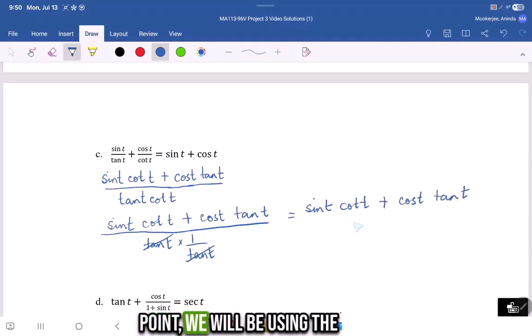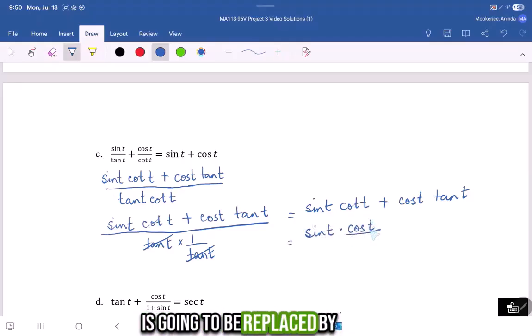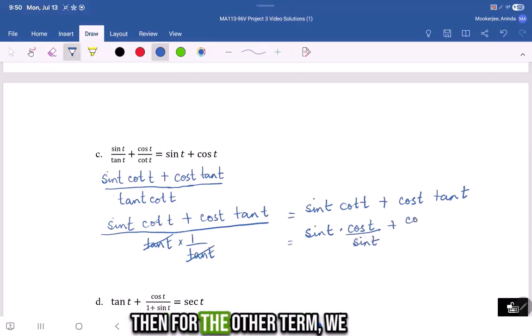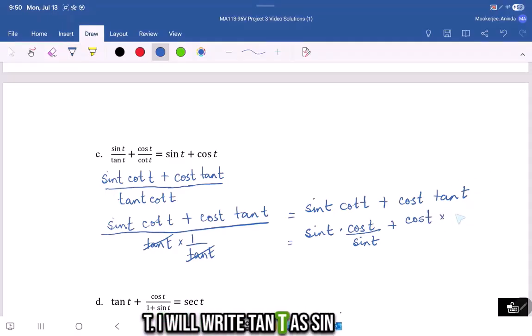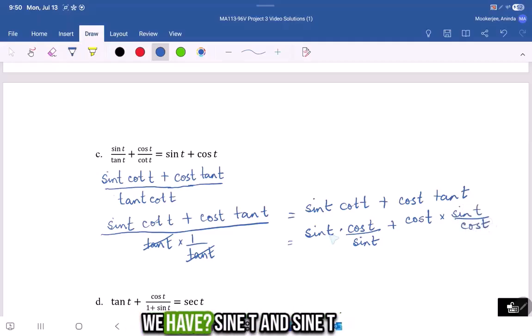Now at this point, we will be using the quotient identities to write cot t as cos over sine, correct? So let's write that. So we have sin t. Cot t is going to be replaced by cos t divided by sin t. And then for the other term, we have cos t multiplied by tan t. I will write tan t as sine over cos, correct? So sine t over cos t, and then what do we have?